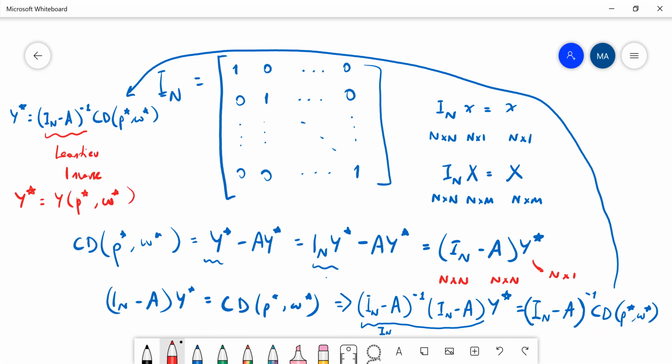Okay? And be careful, I multiply this from the left-hand side. Okay? Because this is a matrix, this is a matrix. So I have to multiply it by the left-hand side.